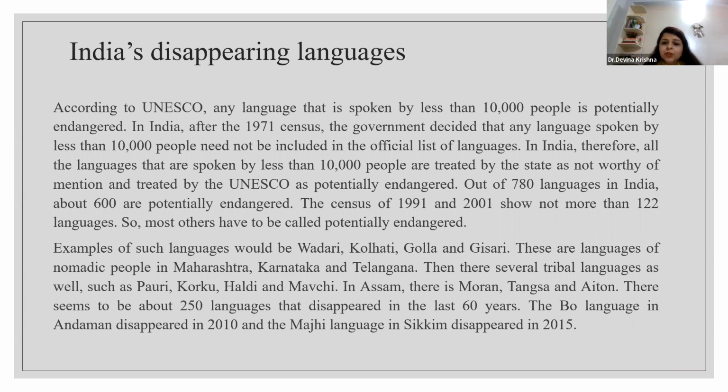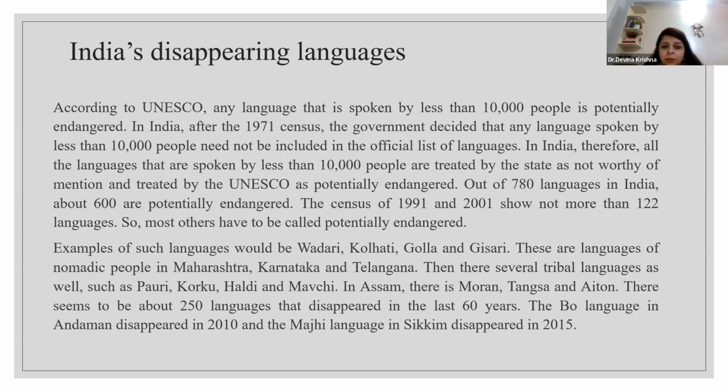Now, when we talk about the degree of endangerment, we always emphasize the issue of intergenerational language transmission. For example, we use the word safe when the language is spoken by all generations, so the intergenerational transmission is uninterrupted. Then we have vulnerable, as my topic is the vulnerable languages.